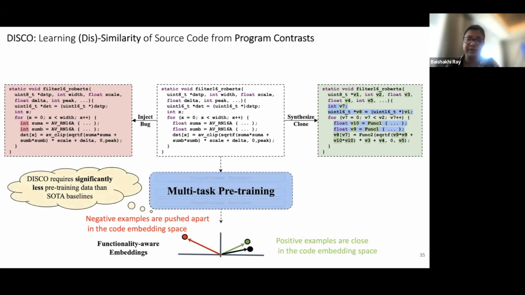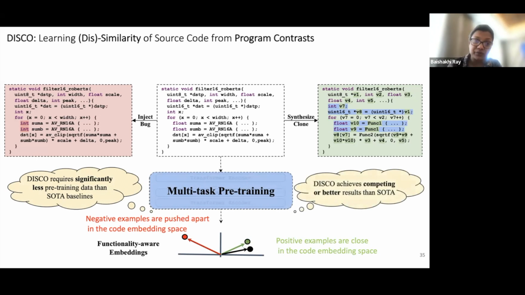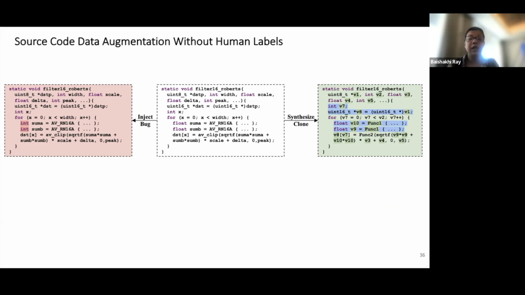So this is basically the training objective. What we show is that this kind of code-aware training strategy requires significantly less pre-training data than the state-of-the-art baselines, and it also achieves better performance.